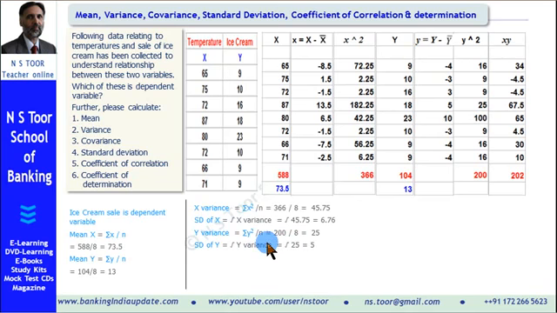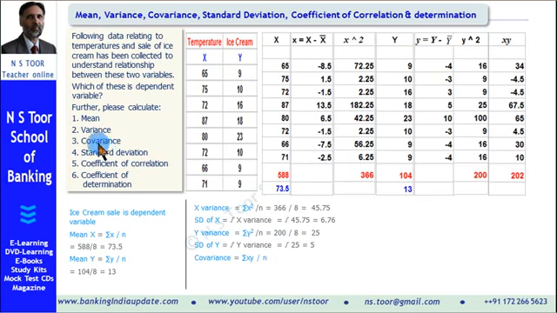Variance is 25. The square root shall be 5. Standard deviation of x is 6.76. Standard deviation of y is 5. So mean we have calculated. Variance for x we have calculated. For y also we have calculated. Then standard deviation we have calculated for x also. We have calculated for y also.